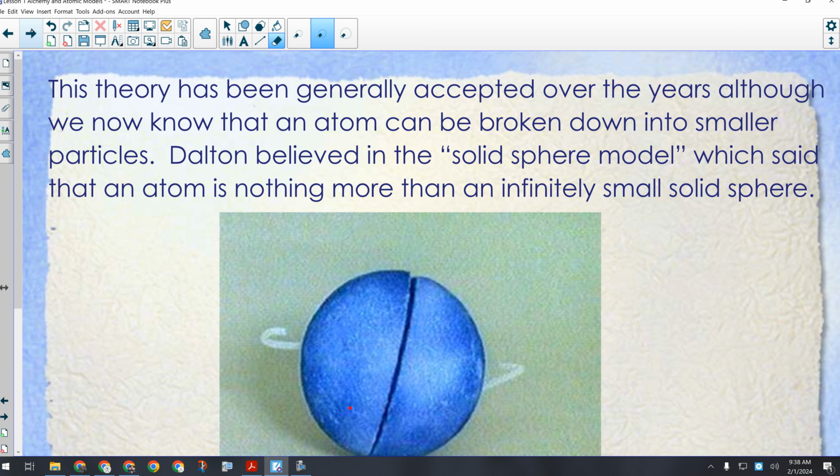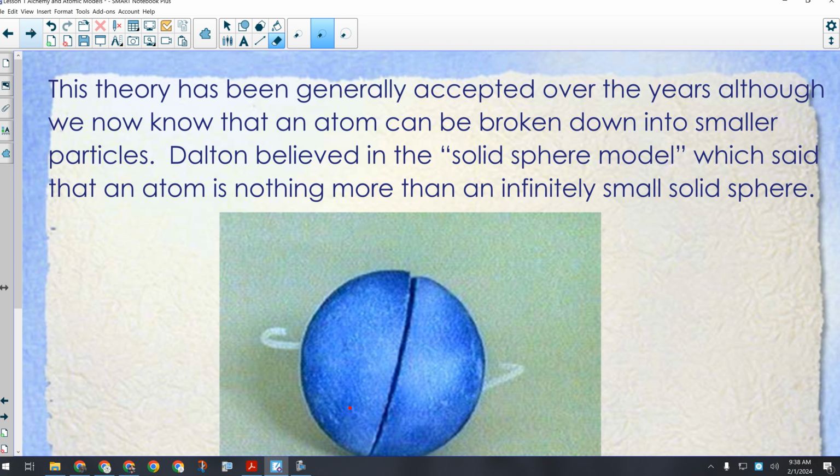The solid sphere model doesn't explain where this electric current is coming from. If it's from the reaction, what part of this atom is making the current? This model doesn't explain that. It doesn't have a part of it that's electrically charged. So J.J. Thomson comes up with a new model.